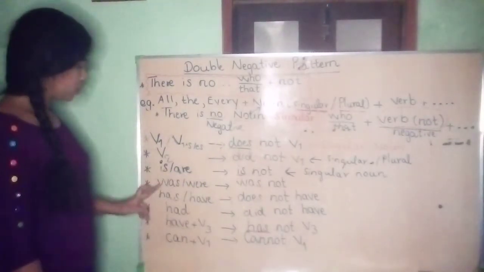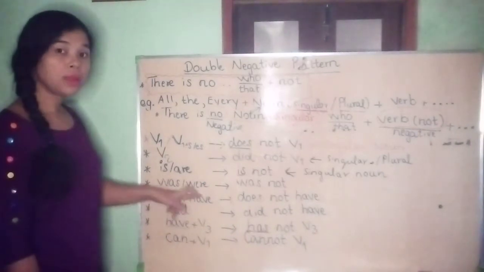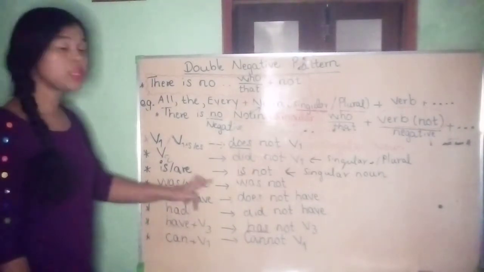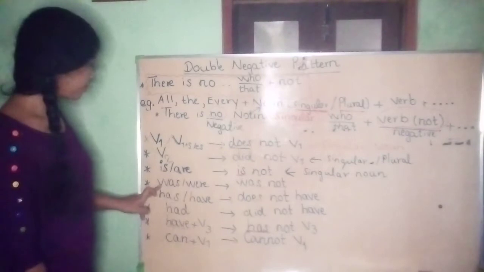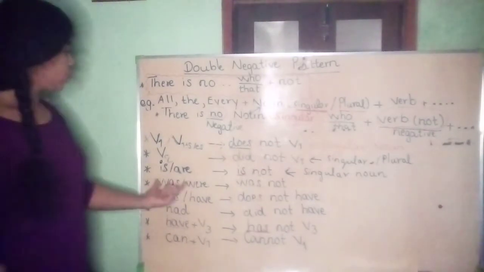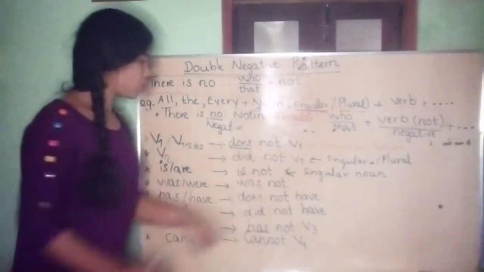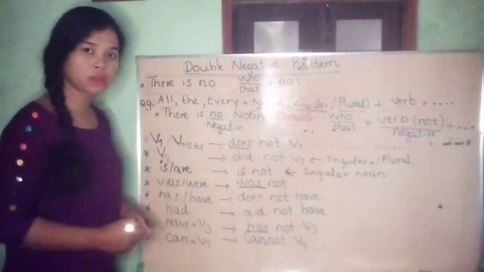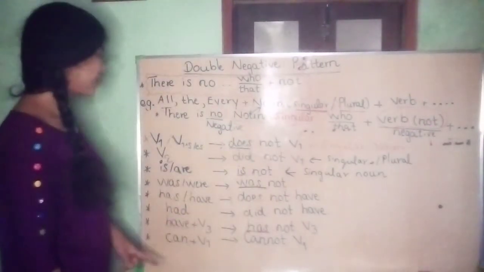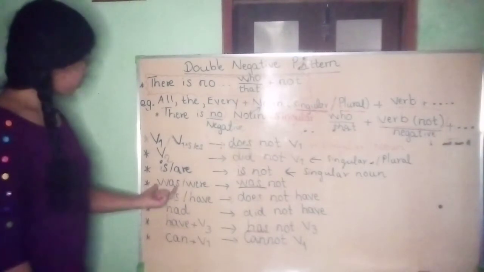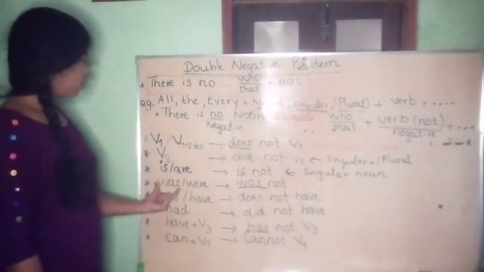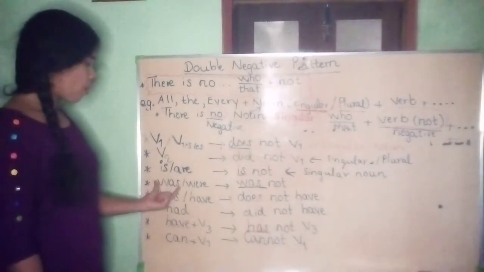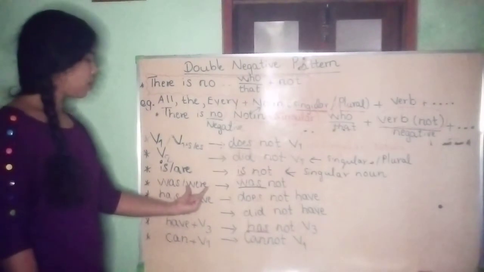If you see was or were, this is the past tense form of verb to be. You need to change that into was not. Was is the singular form and were is the plural form.